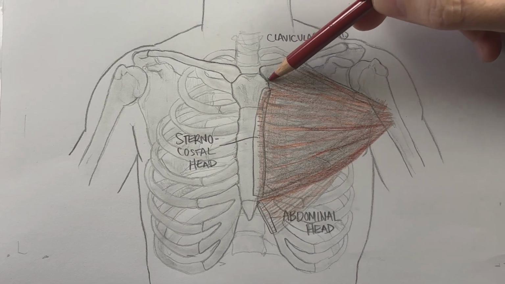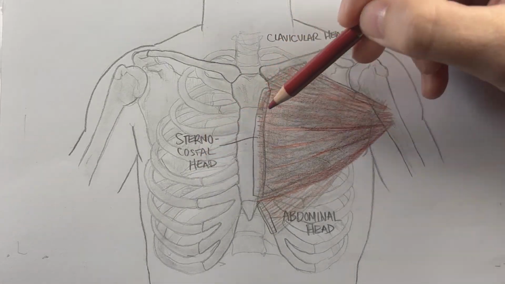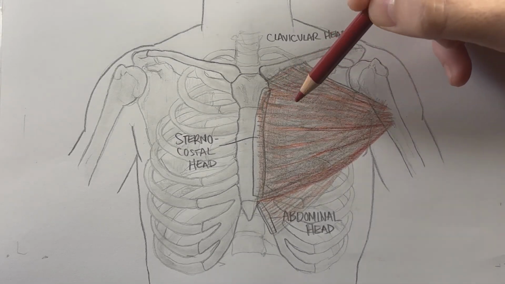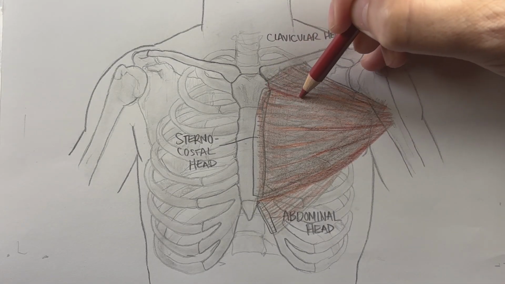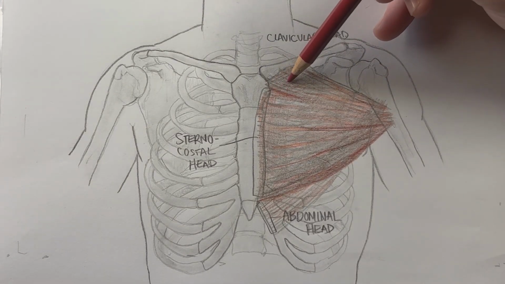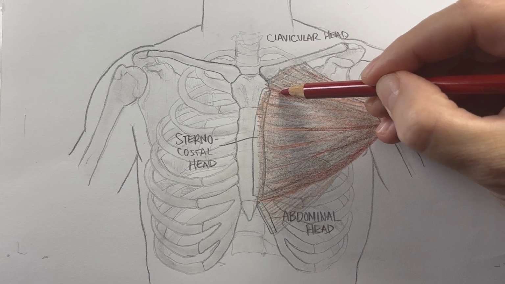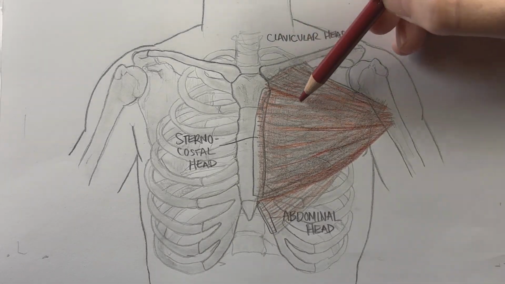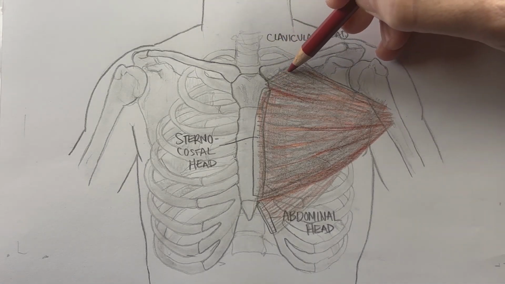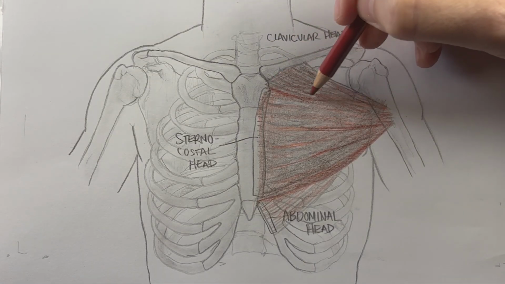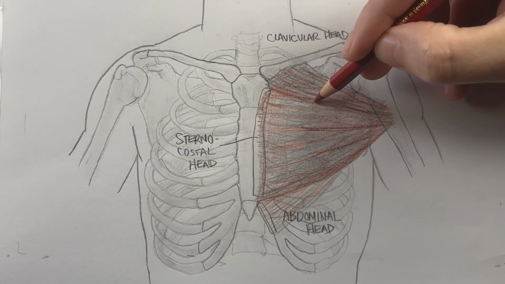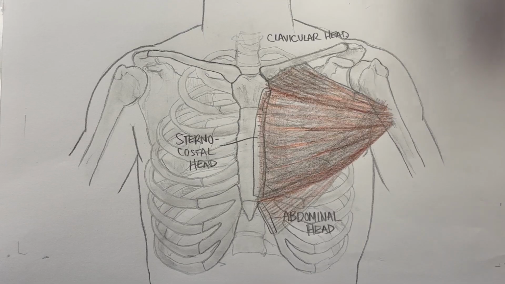And where the clavicular head and the sternocostal head hit each other, you may get a little crease. And in really ripped bodybuilders, you're actually going to see this quite pronounced. It'll come in and back out. That's just because these muscles are actually bundles of muscle fibers, and they can bundle in different unique ways according to your particular genetics.